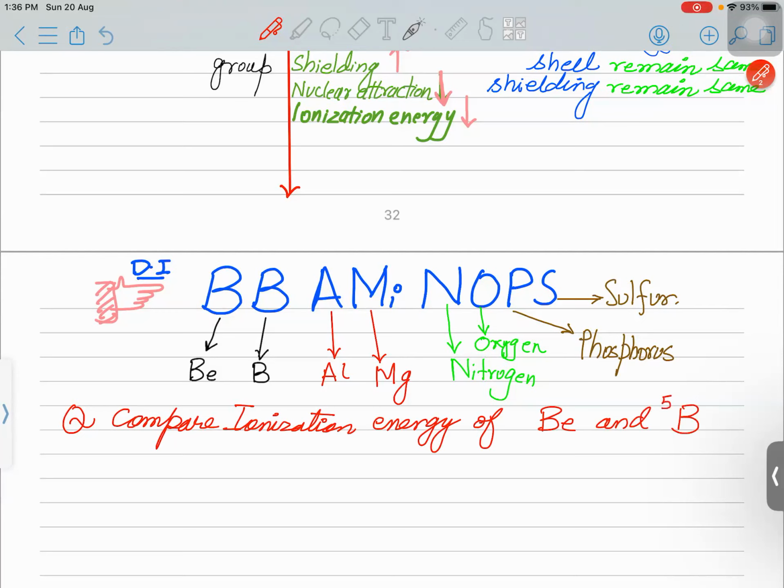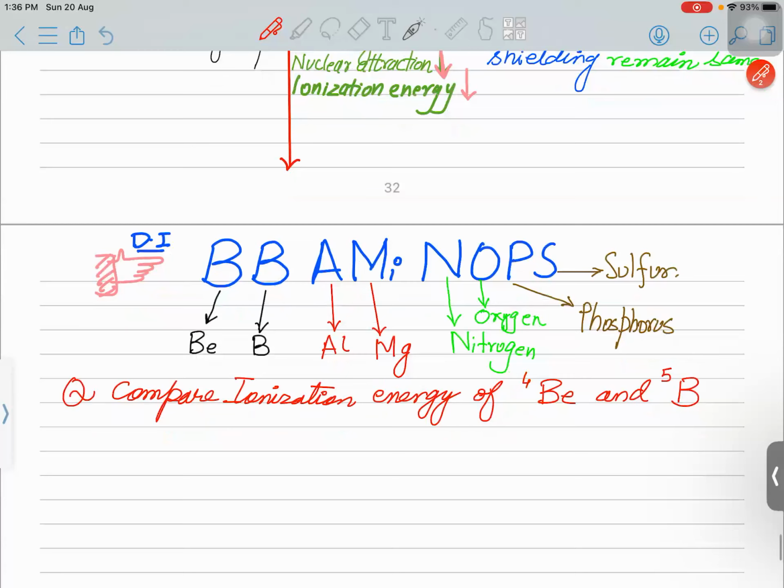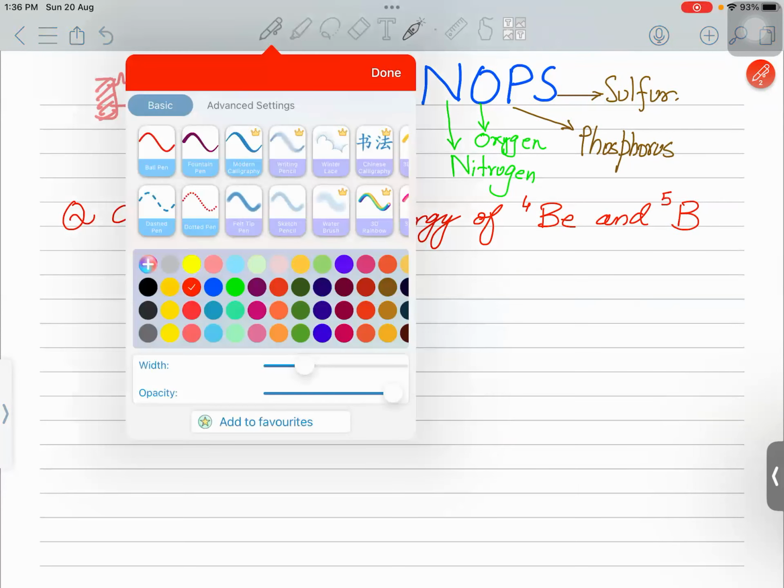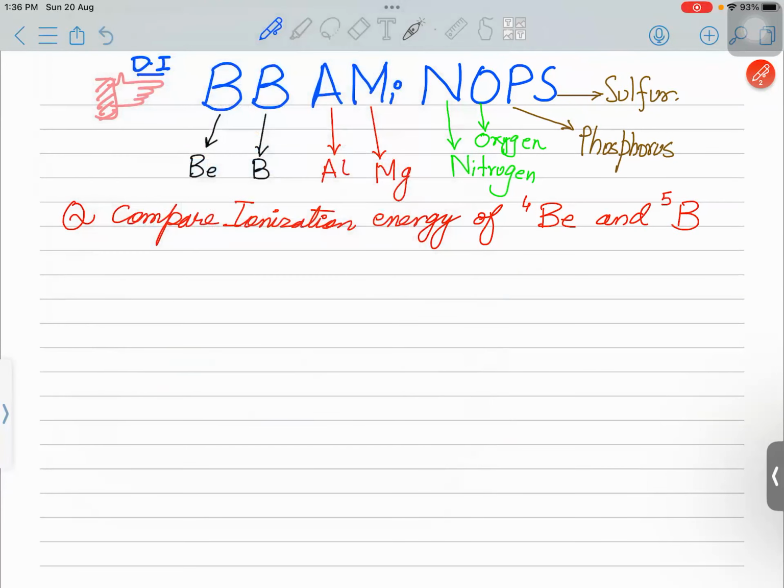Boron is 5, beryllium is 4. Can anyone predict which one has more ionization energy? Now I need simply a prediction.